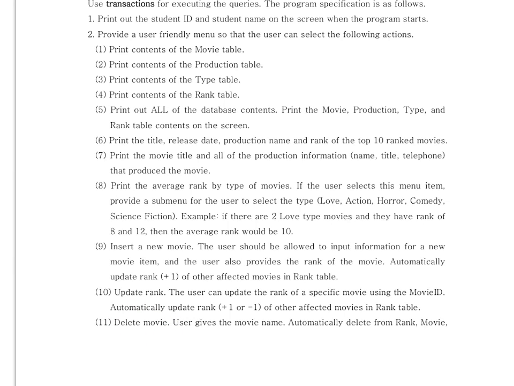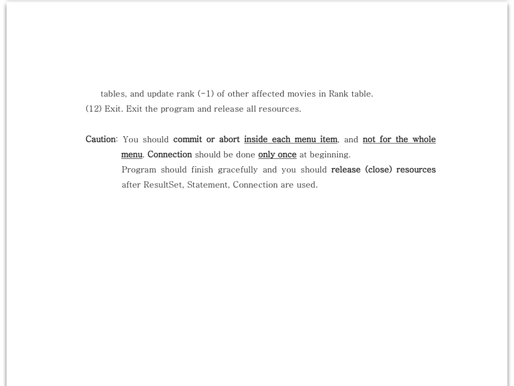Okay, so you want to make sure that other information is cleaned as well. You also need to update the rank of other affected movies. Because you delete a movie, the ranks of other affected movies will go up.